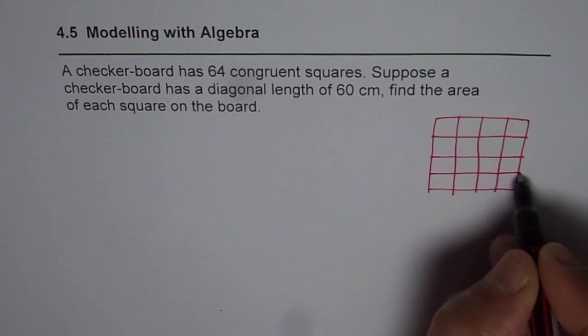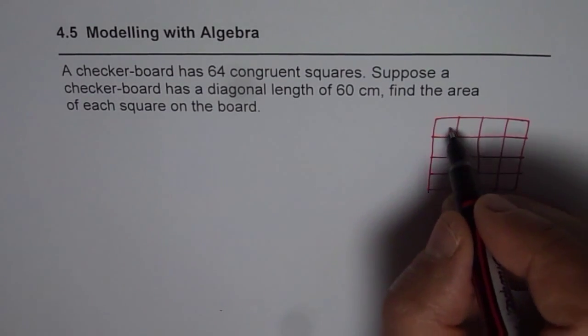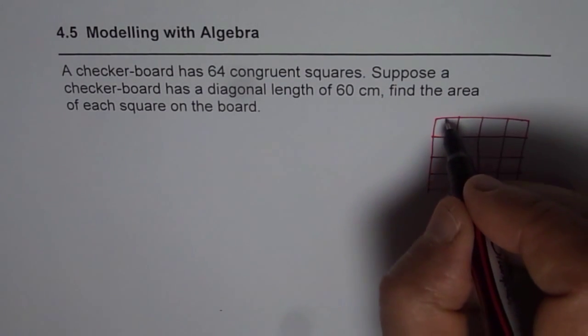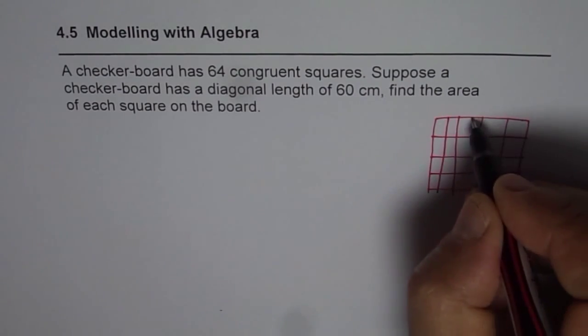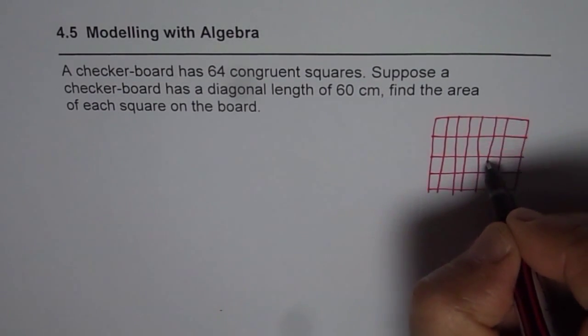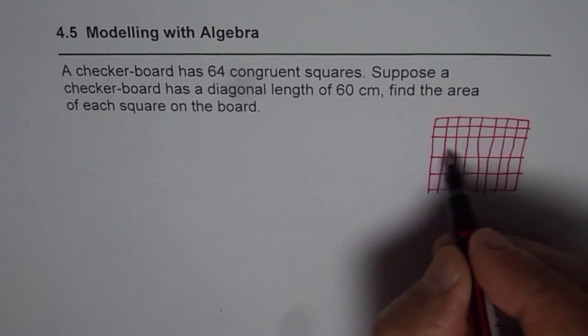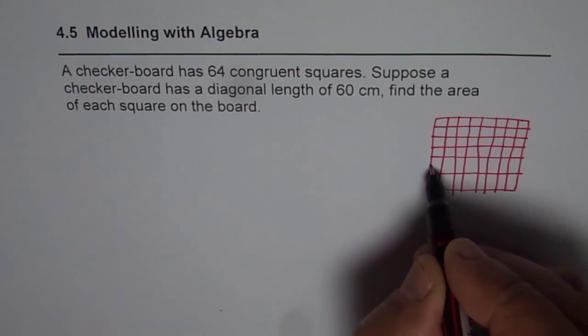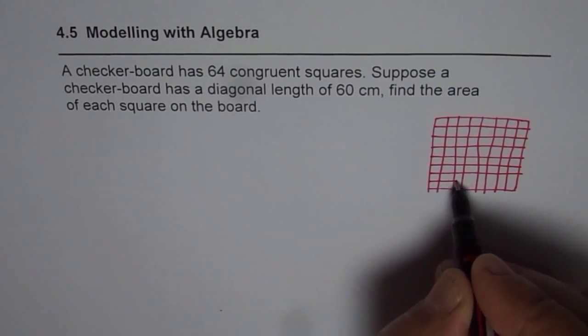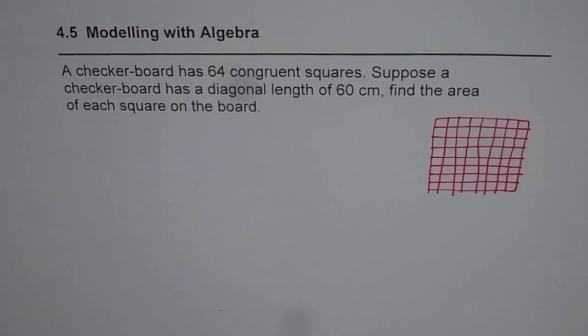So this is 4 by 4, so there are 1, 2, 3, 4. And further, if I divide it, we get our 8s. So that is the kind of checkerboard we have. It will have 64 squares in it, right?